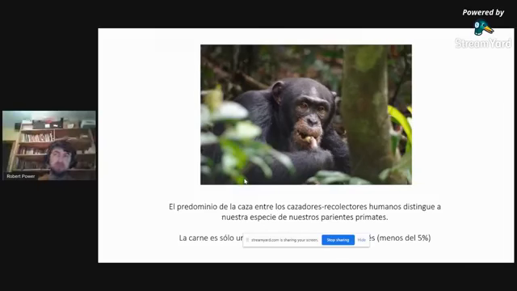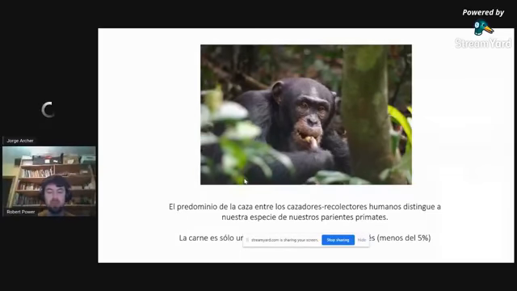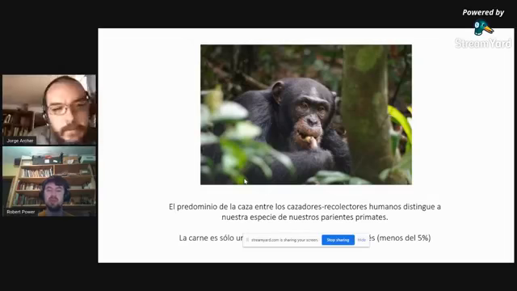Meat might be some way under 5%, like 4% of diet. There's another couple of percent that could be derived from invertebrates, while fish are nearly absent or are absent. Sometimes they do a little bit of bird catching or Colobus monkey catching, but predominantly you see this great emphasis on plants.